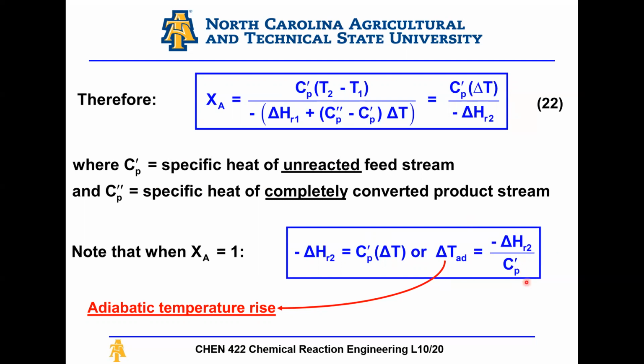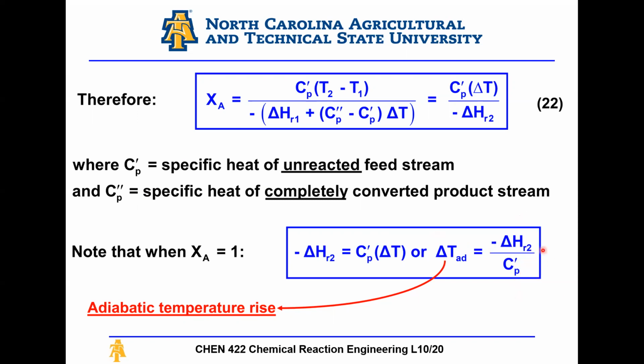So when I have complete conversion, or in the theoretical case of having a complete conversion, XA equals 1, this new parameter is introduced, which is called the adiabatic temperature rise. And to calculate the maximum possible adiabatic temperature rise, you just divide minus delta HR2 by Cp prime.